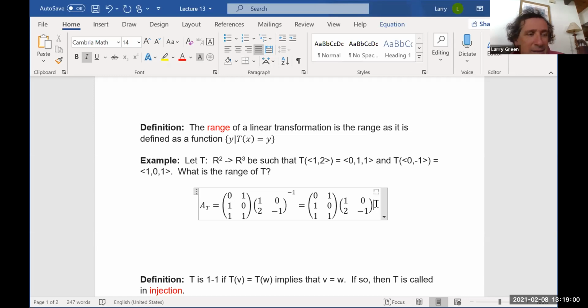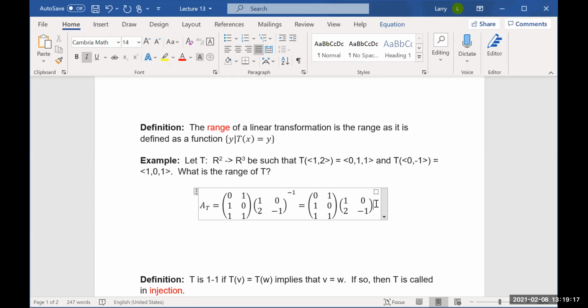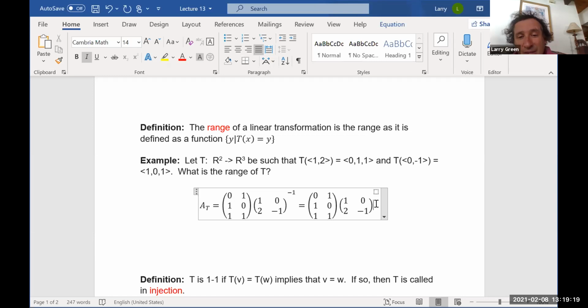But what it means is that if you apply the matrix, so imagine a matrix in a 2 by 2. Then last time I showed you what it looks like when it acts on the plane. Do you remember that? Yeah. So what this says is if you act on the plane with the matrix and then act on it again with the matrix, you're back to where you started.